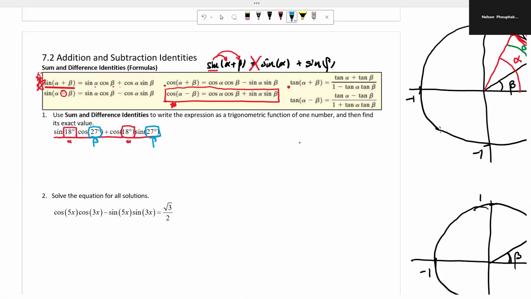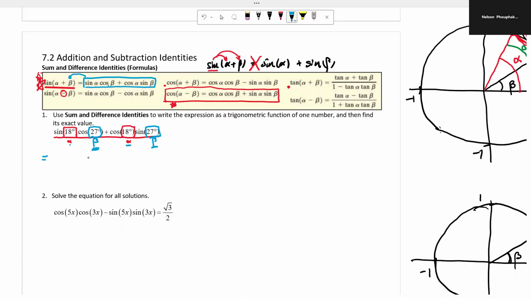Now I notice the right-hand side of sine of alpha plus beta has the form sine of alpha cosine of beta plus cosine of alpha sine of beta. If I know the right-hand side of the equation, then I will be able to work with the left-hand side.